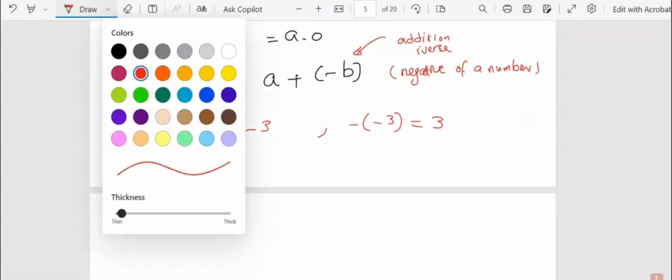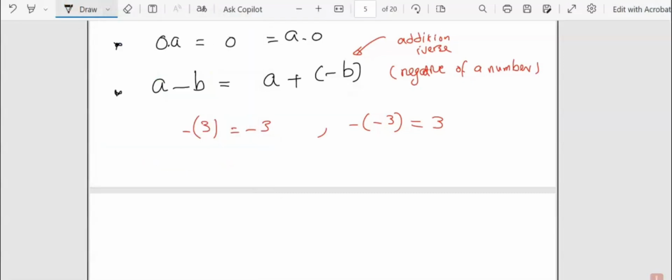Also, we could define using these inverses: the inverse for the addition gave us the subtraction. Also, with the inverse of multiplication, we could define the division.